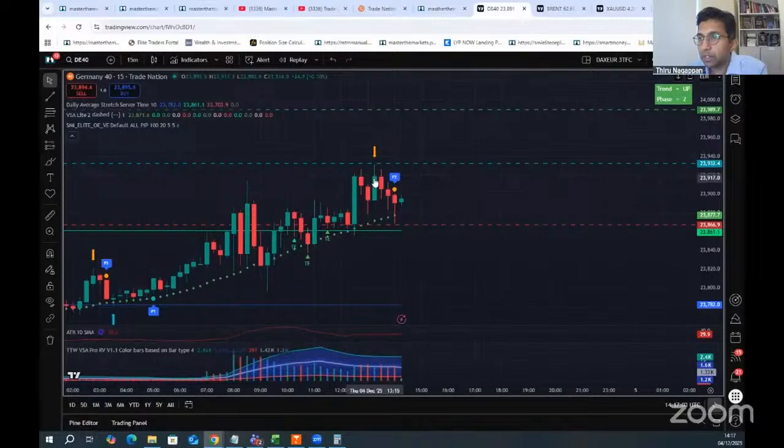So the high, 23931, isn't it? So it's about 1 point spread that Trade Nation has got. So 23931, 23933. I'll just give a bit of leeway. Then we got the stop.